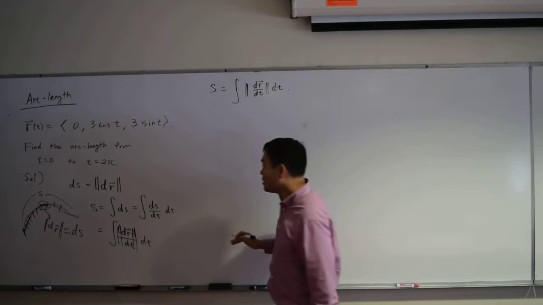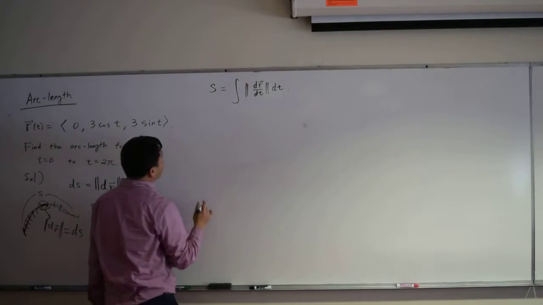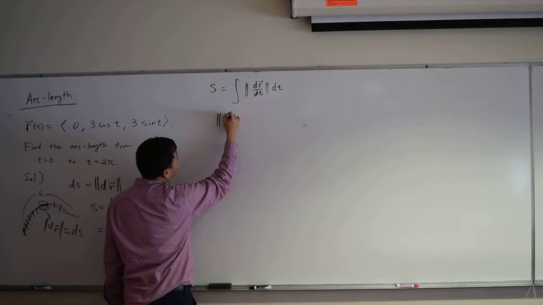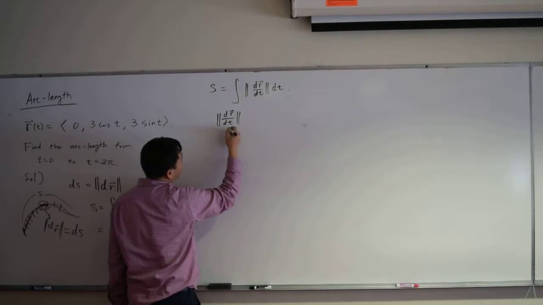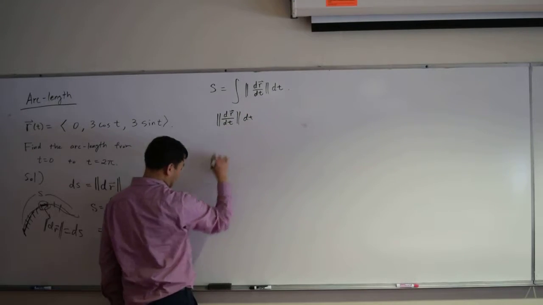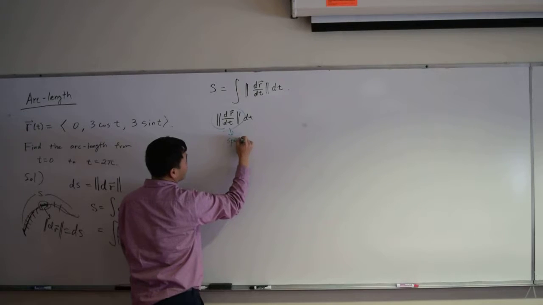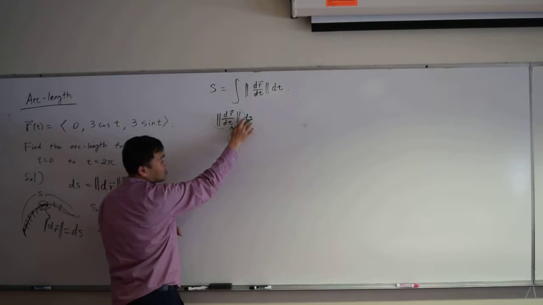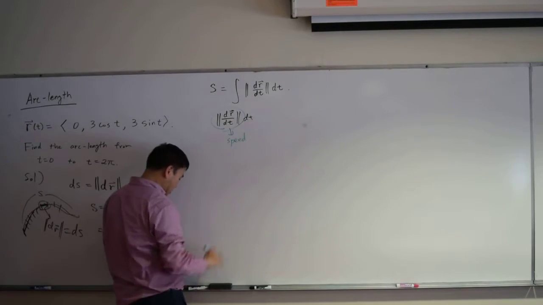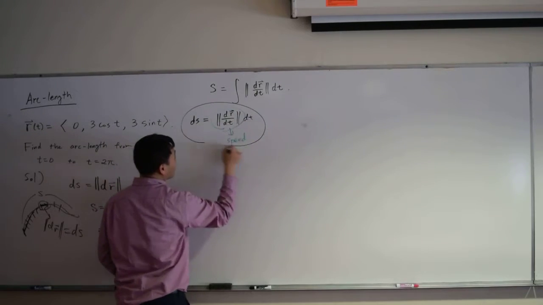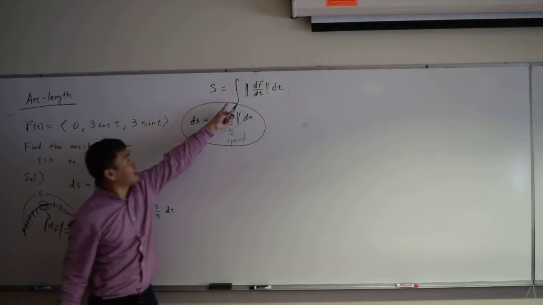So really what's going on in this formula is the following. If I want the distance traveled over a very short period, the norm of dr dt is really the speed, and speed times this small bit of time gives you the small bit of distance traveled. And that's what I'm adding up.